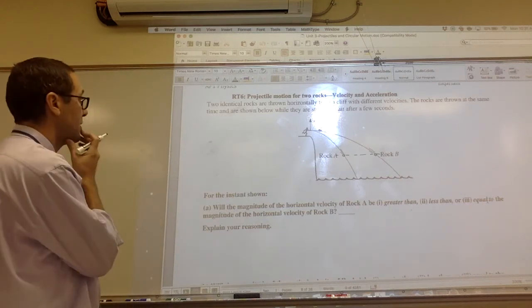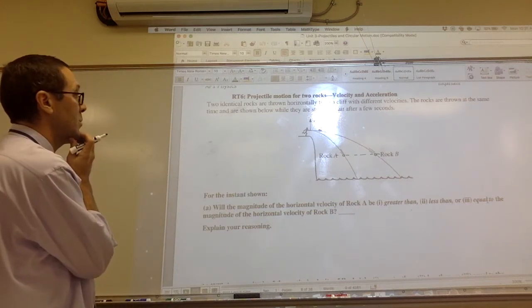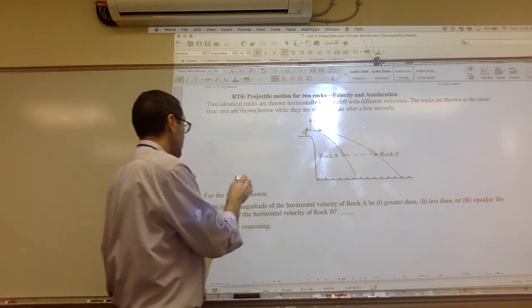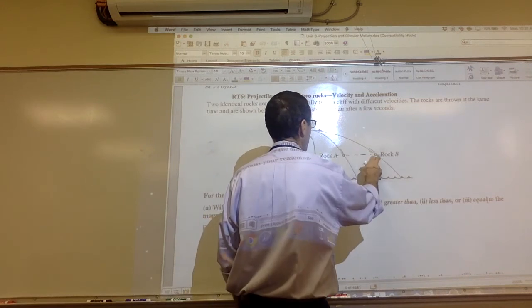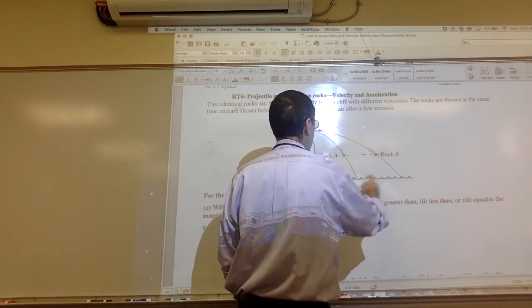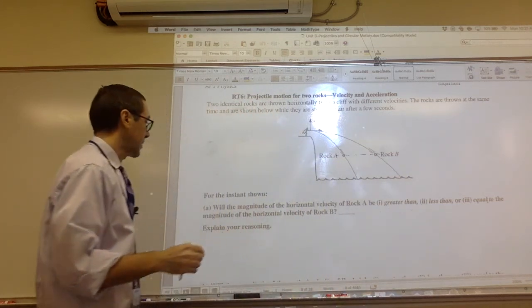Will the magnitude of the horizontal velocity of rock A be greater than, less than, or equal to that of rock B? Rock B had to be thrown with a higher speed because its horizontal distance is bigger.